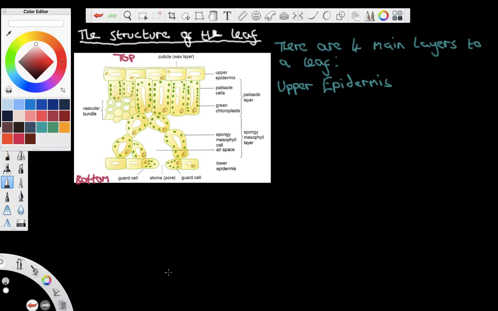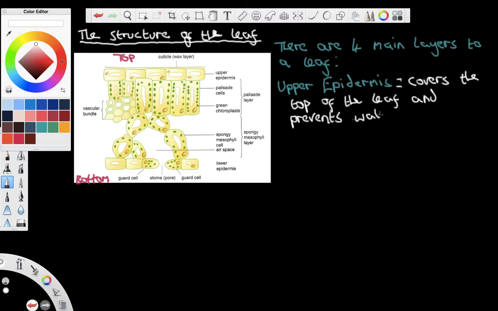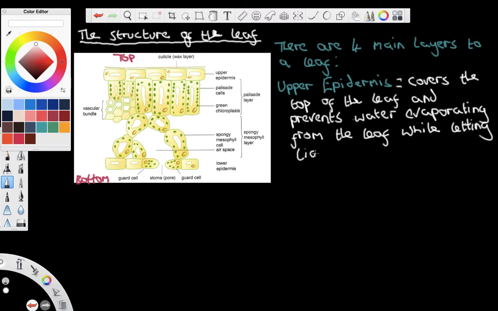And we can say that the upper epidermis covers the top of the leaf and prevents water evaporating from the leaf while letting light through.